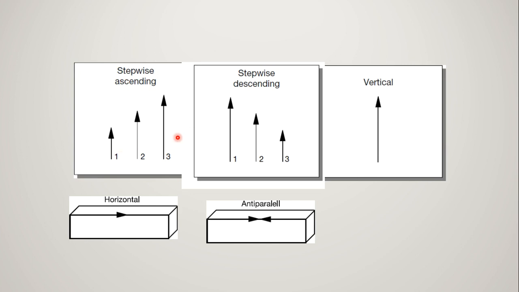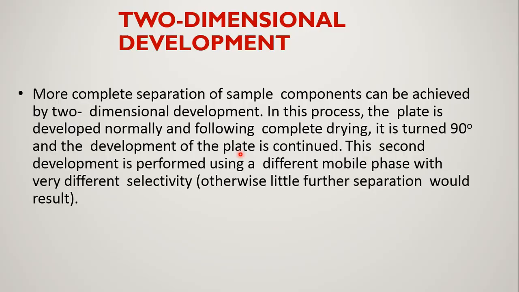This is stepwise ascending for multiple components, stepwise descending for multiple components, or this is vertical ascending development for only a single component. It is horizontal development, and it is anti-parallel development where more than one sample could be applied on both sides of the TLC plate, and we can see development from both sides.